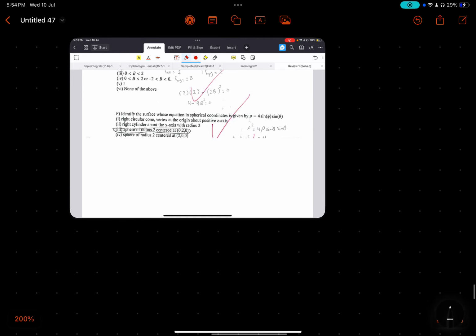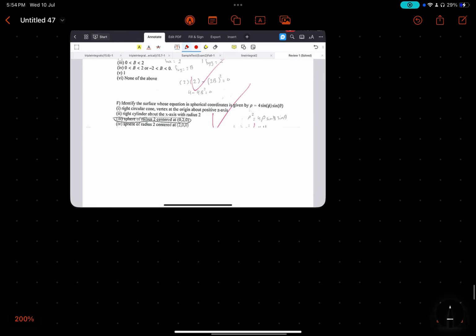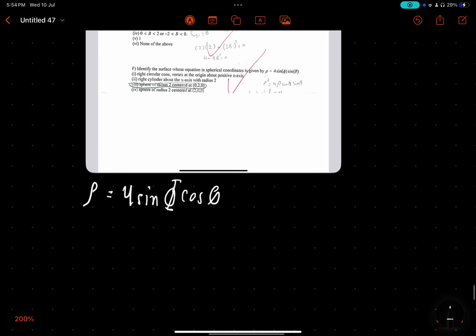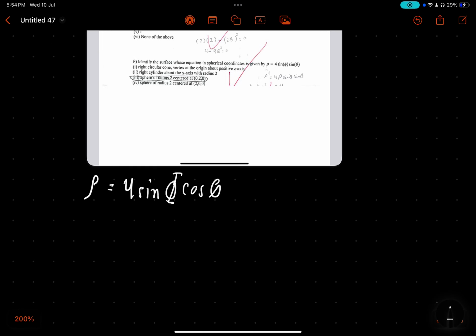He wants us to identify the surface with equation in spherical coordinates given by this. So this is our equation for sine of phi, cosine of theta. Okay, so he wants us to identify this surface.